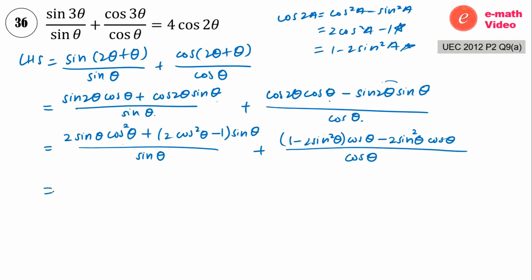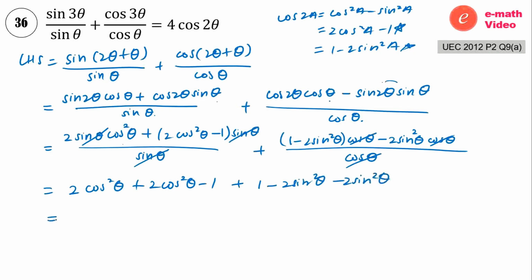Alright. Then sin theta, sin theta, sin theta cancel. Cos theta, cos theta, cos theta cancel. We will end up having 2 cos square theta plus 2 cos square theta minus 1 plus 1 minus 2 sin square theta minus 2 sin square theta equals minus 1 plus 1 becomes nothing. 2 plus 2 is 4 cos square theta.